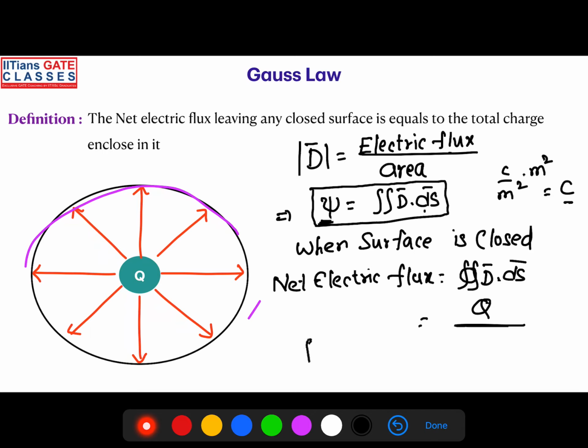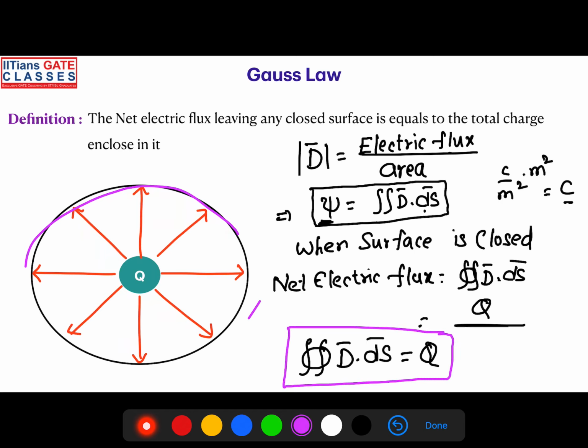So this is a very important thing. Whenever the surface is closed, the double integral D dot dS is exactly equal to the charge enclosed in it. Based upon the Gauss law, there are so many problems which have been simplified very easily. Suppose you want to calculate the electric field intensity due to a particular type of charge, this Gauss law is very helpful.